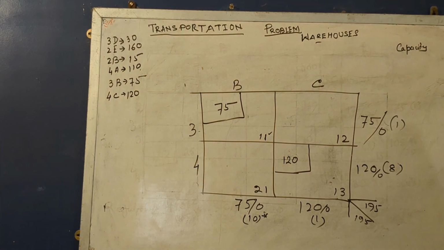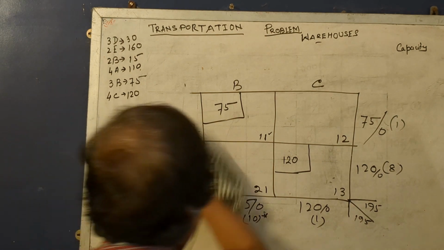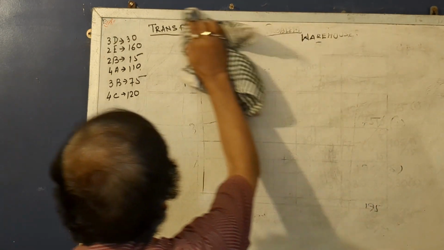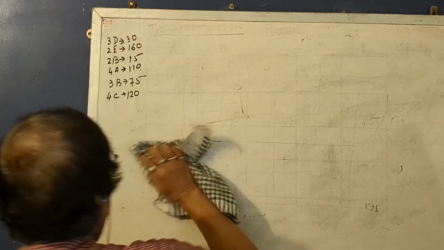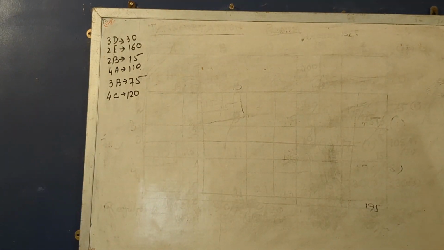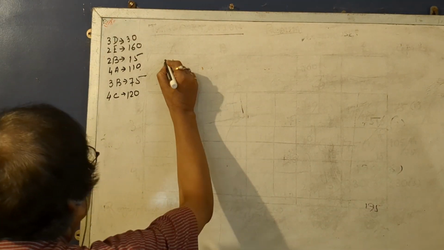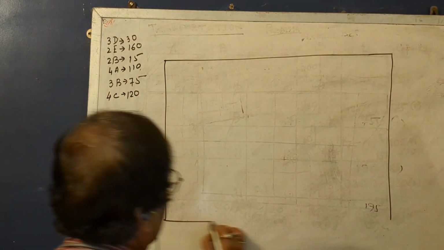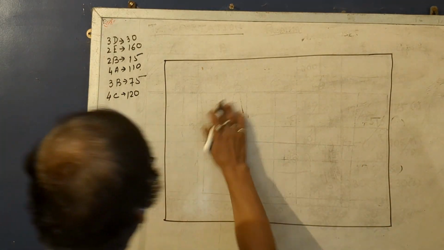Now, that means what will be the basic feasible solution, and writing the complete table with the allocation. This is a 4 by 5 problem. This is the basic feasible solution.